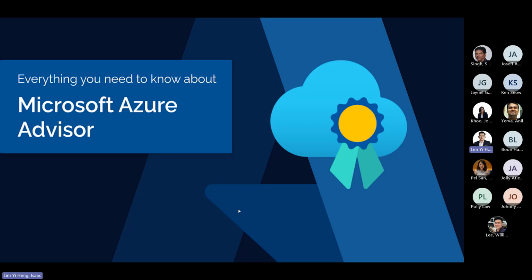What is Microsoft Azure Advisor? It is a digital cloud assistant that helps our customers to follow the best practices so that we can optimize our Azure deployment. It analyzes our resource configuration and usage, and then recommends solutions that help us improve cost effectiveness, maximize performance, ensure reliability, and focus on the security of our Azure resources.